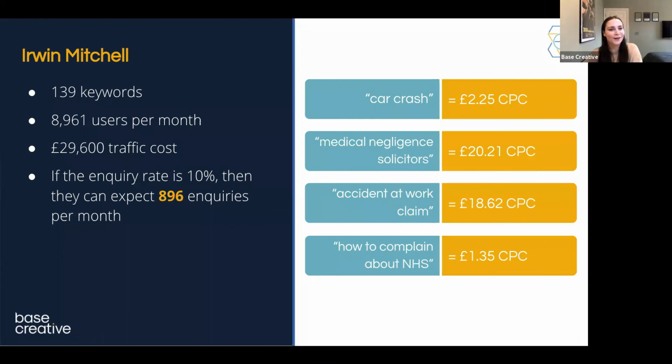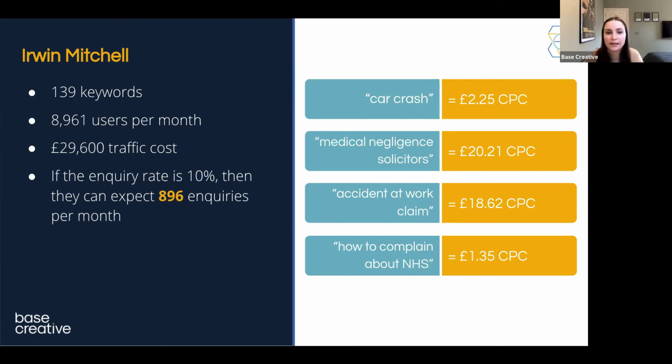And if we look at Irwin Mitchell as another example, quite similar to Slater & Gordon with the amount of keywords they're bidding on currently, there's 139 we can see. From these keywords, we can see that they're bidding more specifically on personal injury terms that much more closely resemble their services. So medical negligence solicitors, accident at work claim.